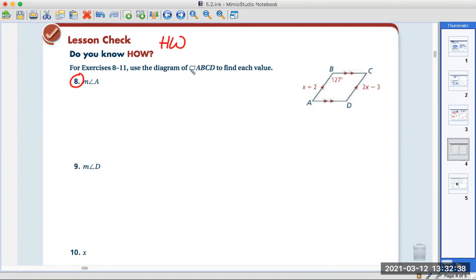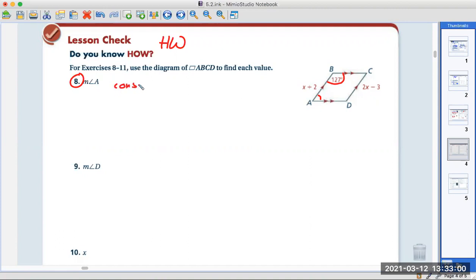Use the diagram of parallelogram ABCD to find each value. Measure angle A. Well, there's 127, so that's my clue. That one is okay. You can find that really easy.